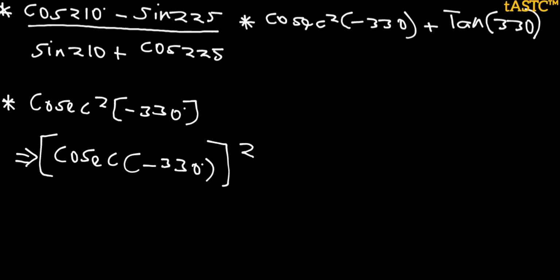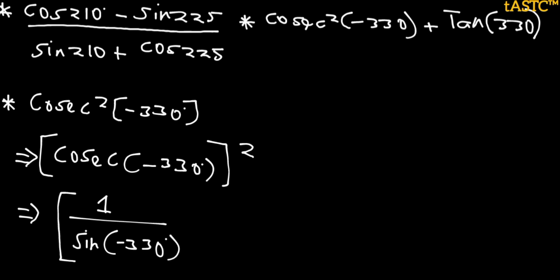As I told you, you could well take this part and insert it between the cosecant, or the trigonometric ratio, and the angle. Now we know that this stands for the reciprocal of a sine. So this should be 1 divided by sine negative 330 degree. This is what you have. And this all is actually squared.